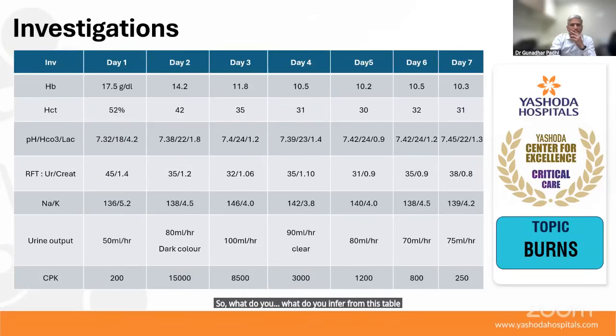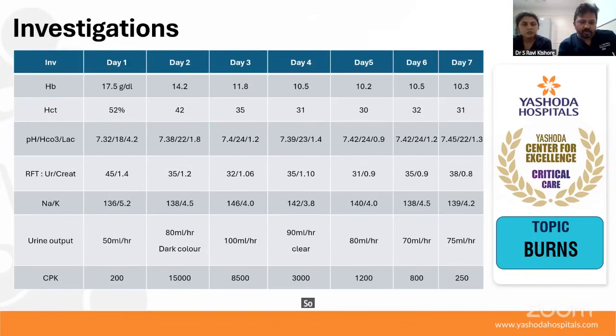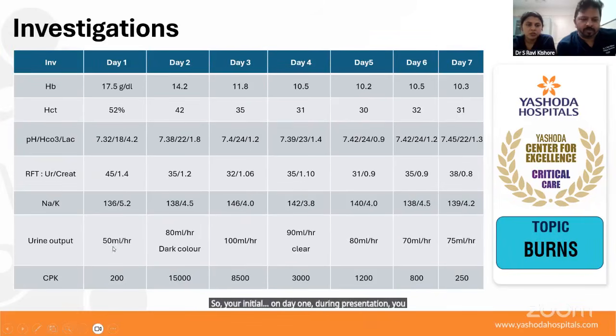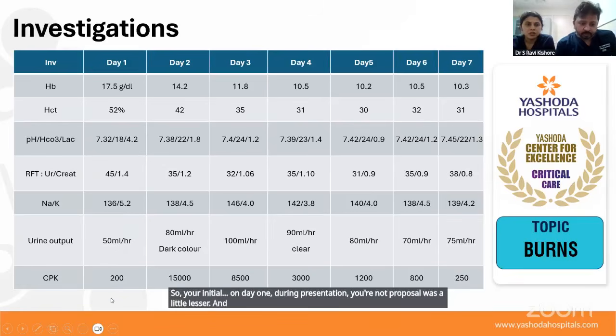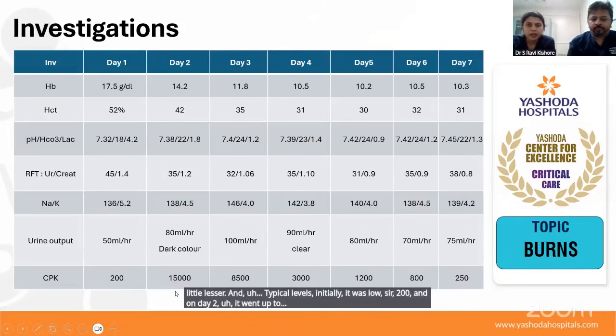Sir, here on day one during presentation, urine output was a little less, and CPK levels initially were low, 200, and on day two it went up to 15,000, sir. Even hemoconcentration was there on arrival. Later on that subsided, and lactate, which was on a higher end, 4.2 on day one, improved to 1.2 to 1.3.